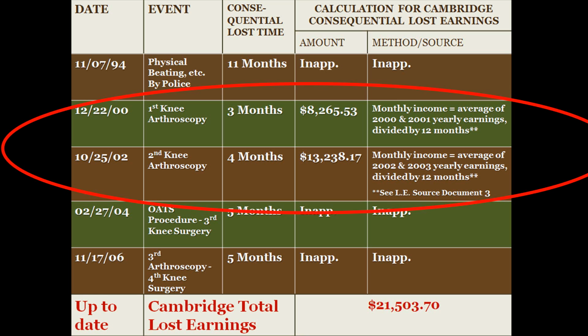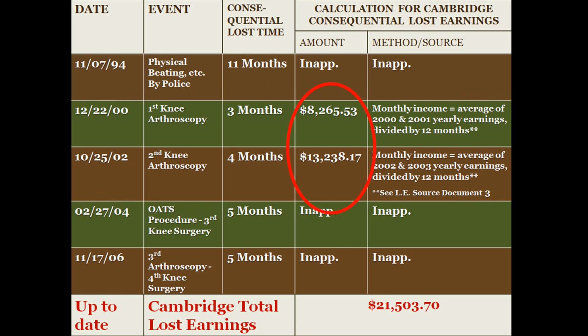And once again, the amounts of money that he lost are presented down to the penny, and you see the reason for it because of how we were able to arrive at the exact sums.